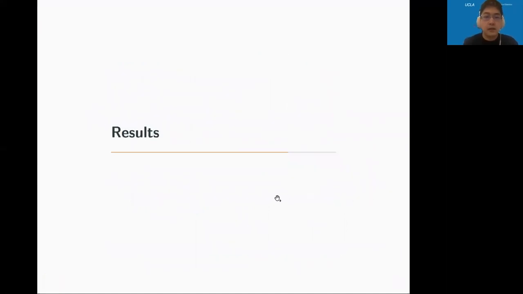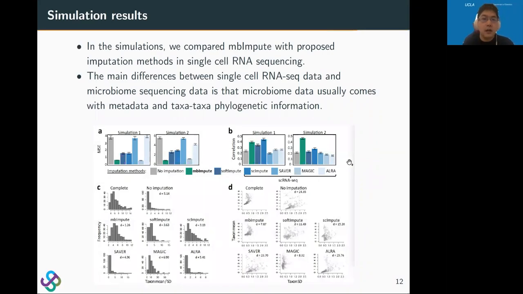And so next I will show some of the results. As far as we know, our method is the first to directly use a modeling approach to impute the sampling zeros in the microbiome data. So we have compared with some proposed imputation methods from single cell RNA sequencing.